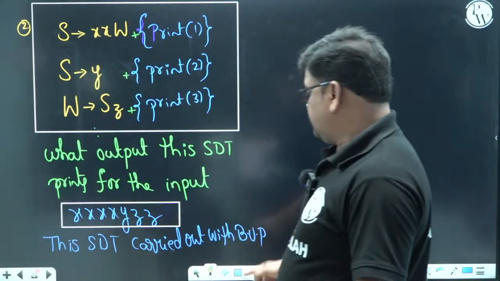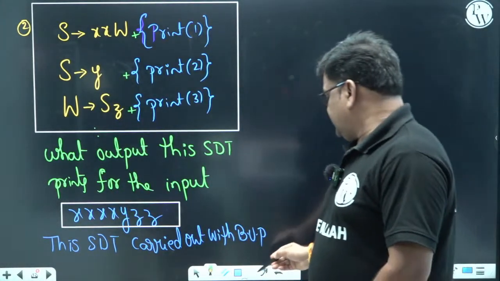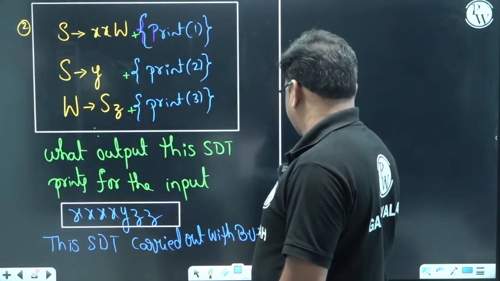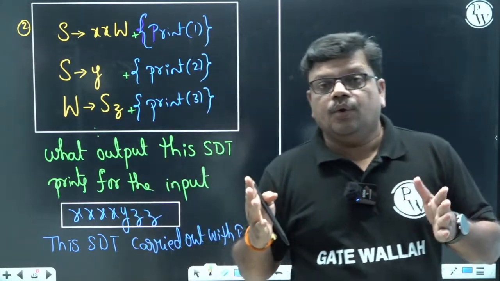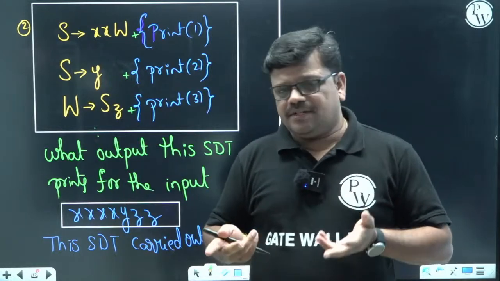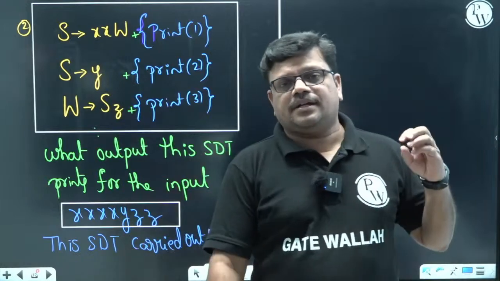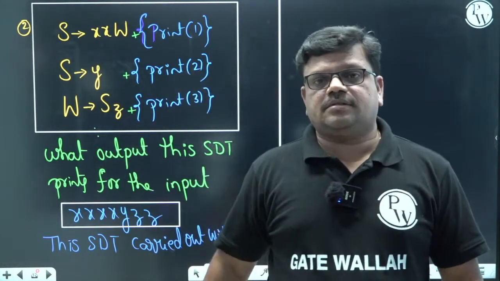If this SDT is carried out with a bottom up parser, here BUP is nothing but bottom up parser. What is the question here? See how SDTs will be executed. After designing syntax directed translations, SDTs are carried out with parsers.